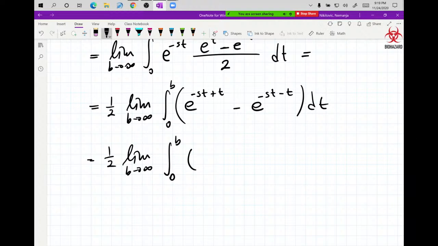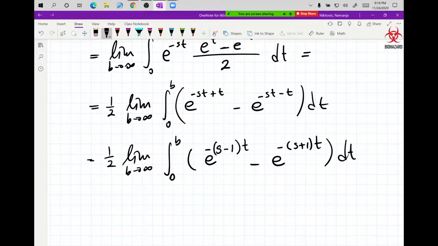So when I kick out negative t, I have e to the (s minus 1) times negative t, and then minus e to the, when I kick out negative, (s plus 1) times t, and dt.